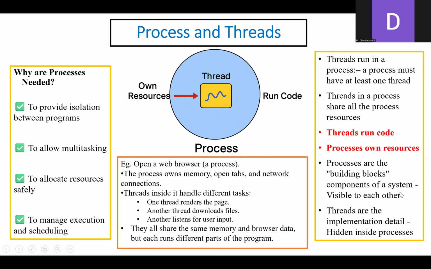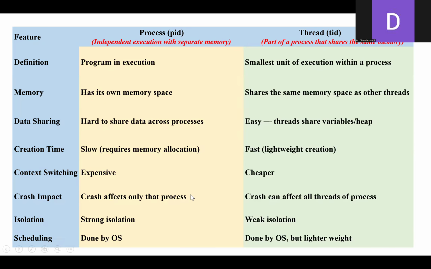A comparison of what a process and a thread are is being discussed in this slide. As a small comparison, a process is a program in execution, whereas a thread is the smallest unit of execution within the process.